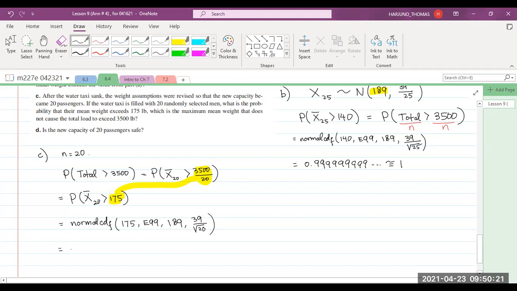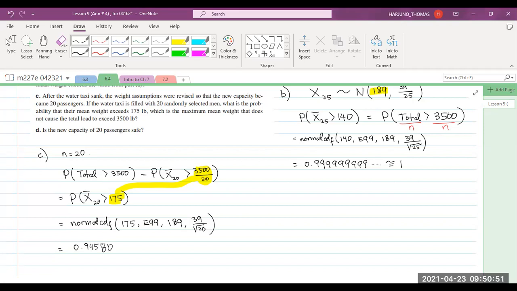Okay, now that will be 0.945795. That's the probability that 20 passengers have the average weight more than 175.